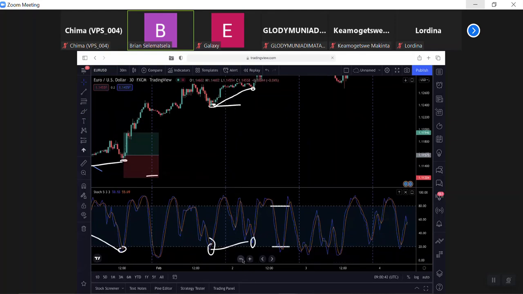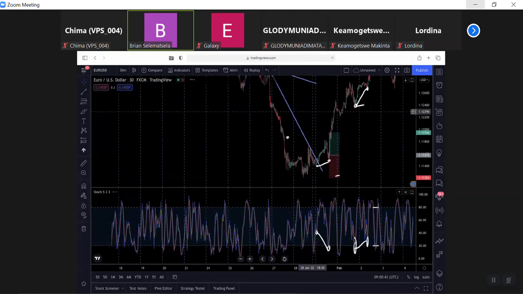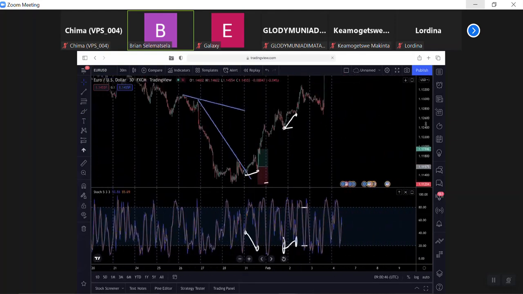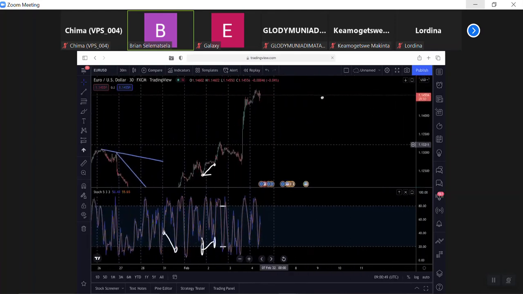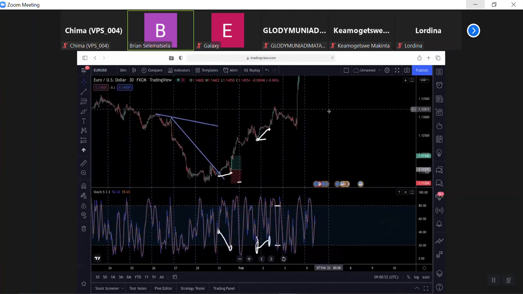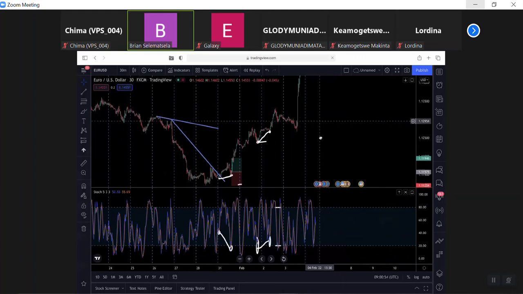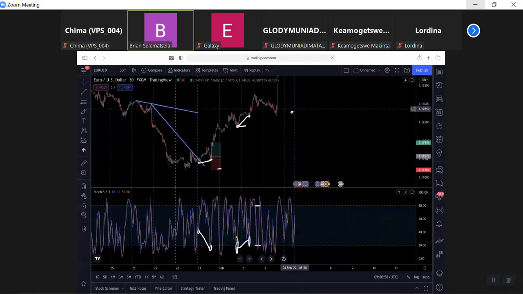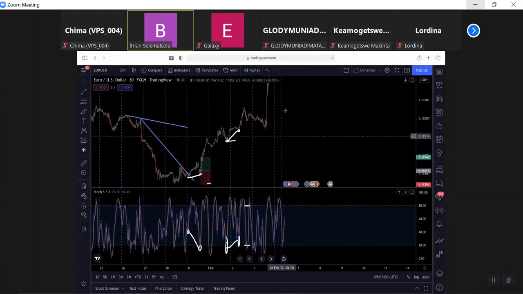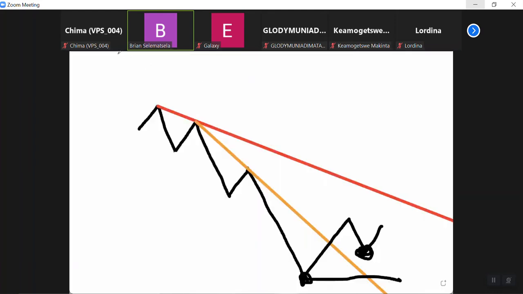If you would have executed the buy to where the market is right now, you would have made some very good money with just this movement. From there to there is too much money. Now, I'm just going to go back to this.